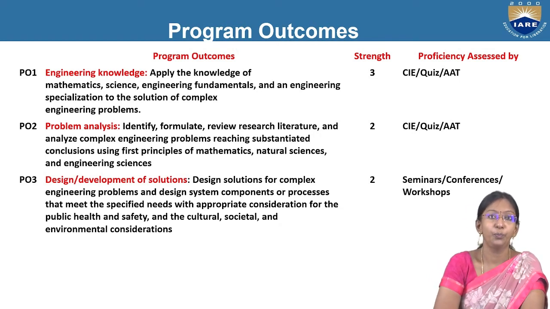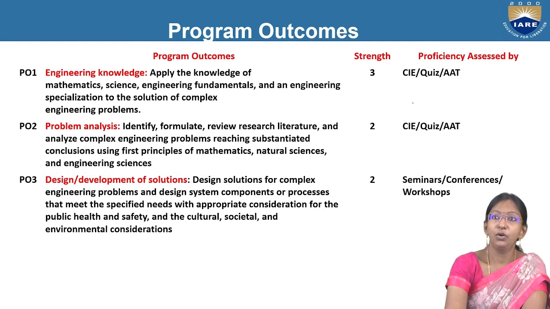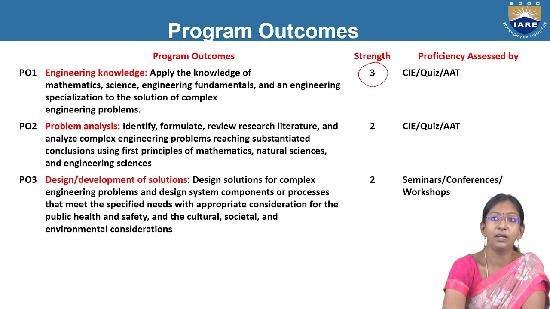Coming to engineering knowledge, how to apply whatever you have learned. The strength of this outcome is 3, and it will be evaluated using your mid exams, quiz, and AATs, right? So it has the maximum strength.